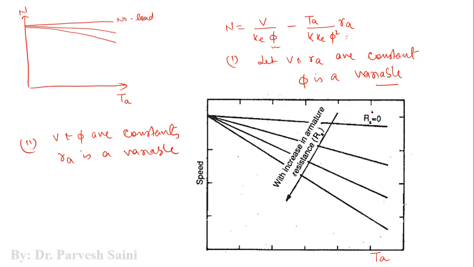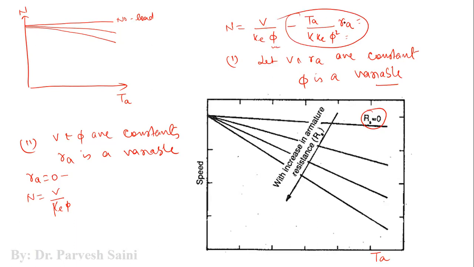Now, if the armature resistance Ra is zero, then N is equal to V by K E phi, simple. So this is going to be the maximum value. If Ra increases from zero to some value, one or two or three or whatever, then this negative part is increasing, because phi is constant, V is constant.